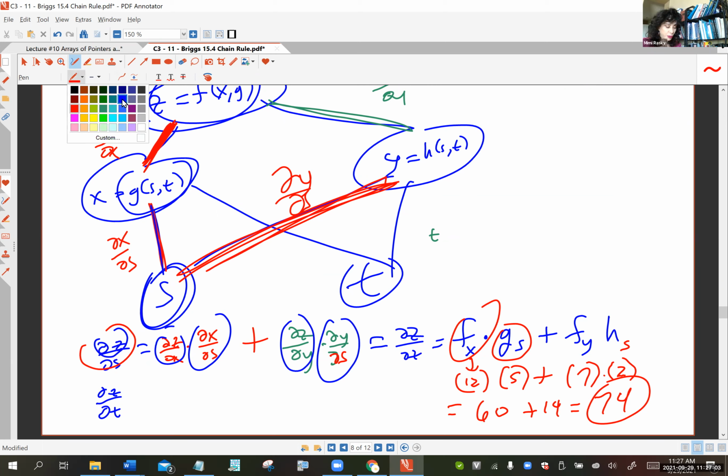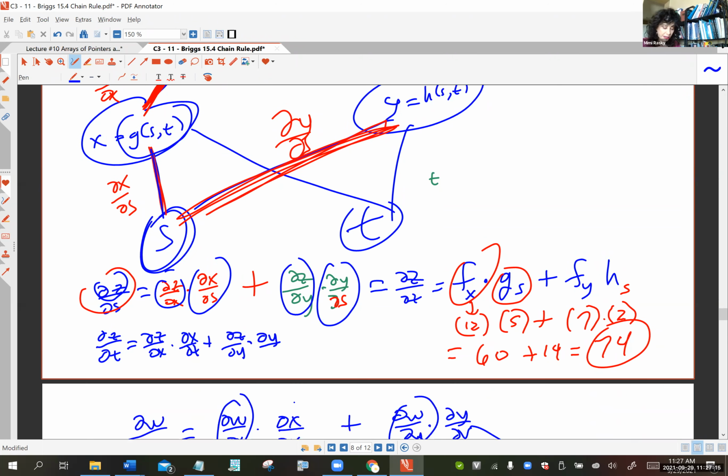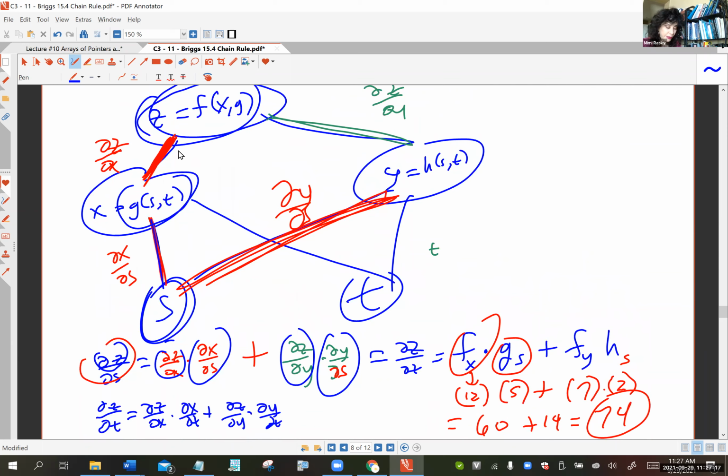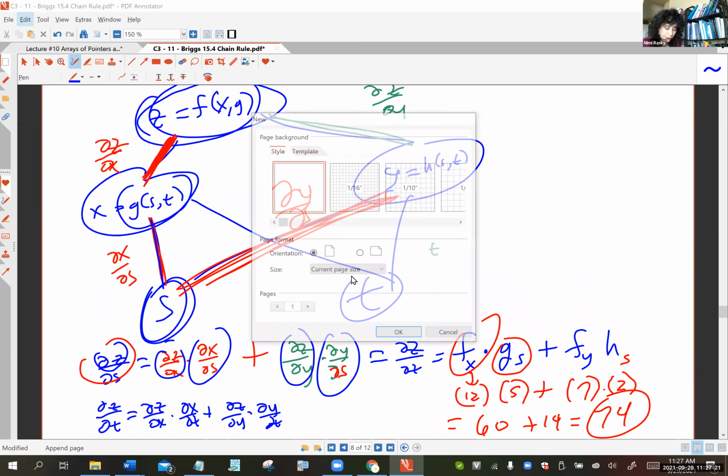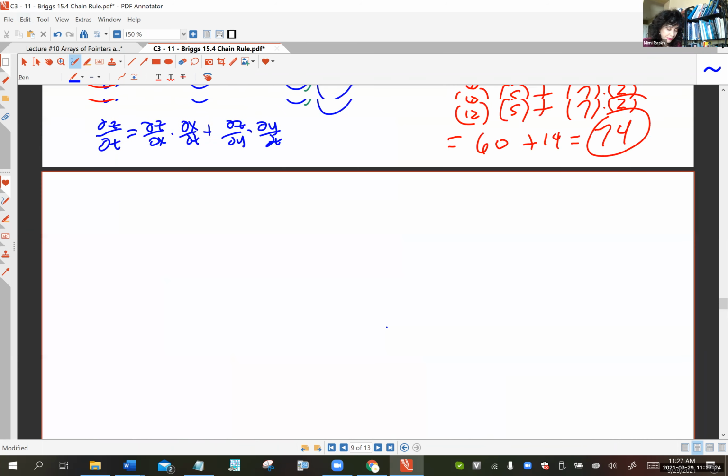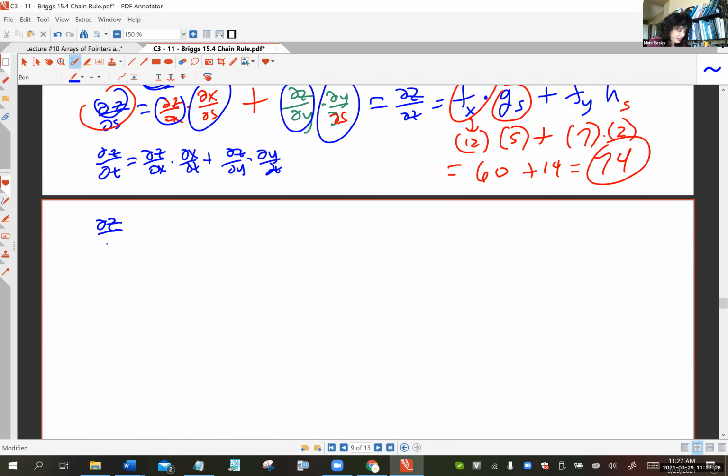What about the other partial? We need to go get dz/dt, which is dz/dx times dx/dt plus dz/dy times dy/dt. Okay, but those guys all have duplicate names. So if you go and use the nicknames, if you will, and replace, you're really saying dz/dt is going to be f_x times g subscript t plus f_y times h subscript t.